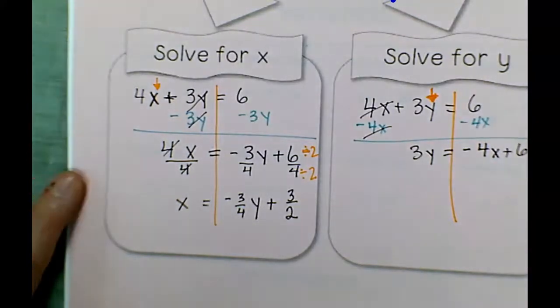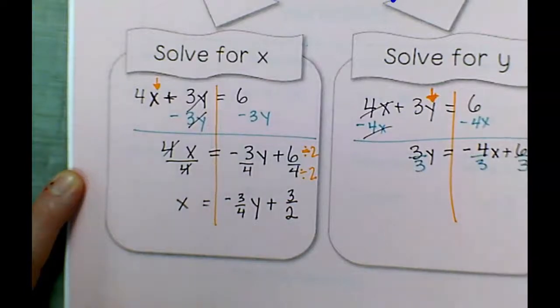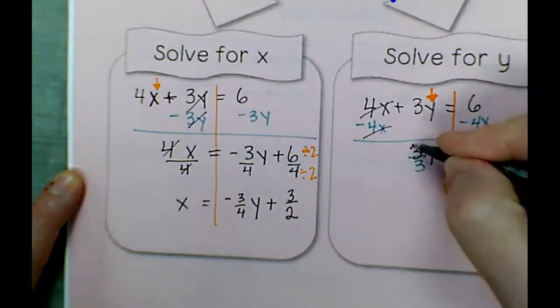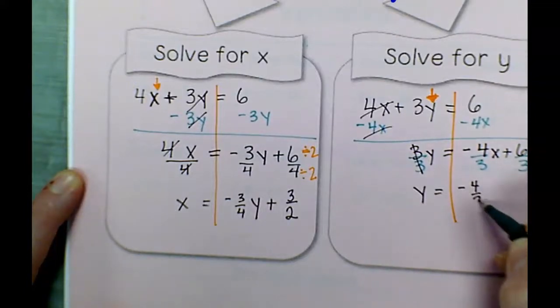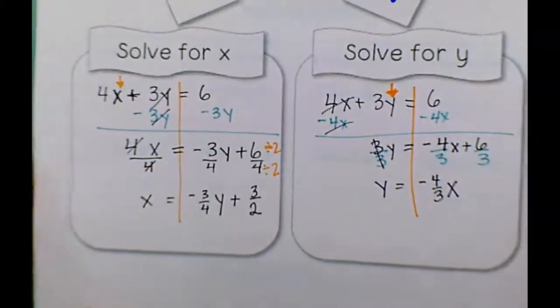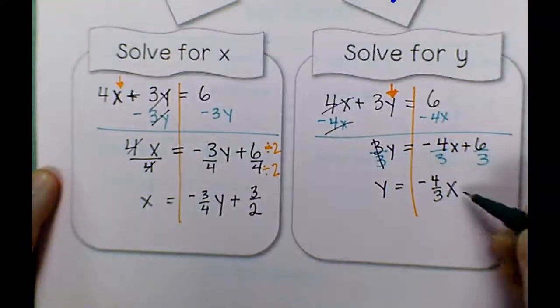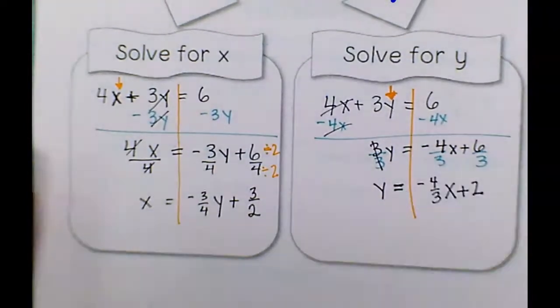I need to get y by itself. That means I need to divide by 3 so that this will cancel out. The reason this is a little bit easier is because 3 divides evenly into 6, and so this is what y is equal to.